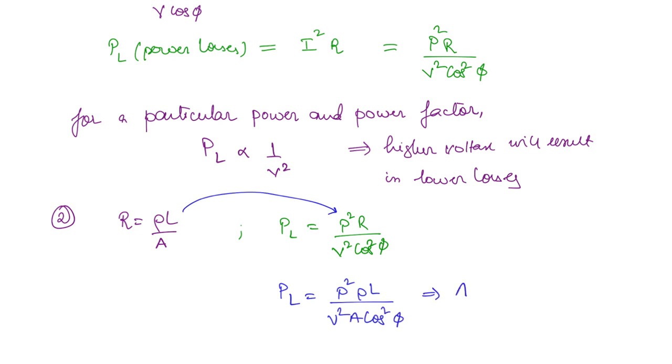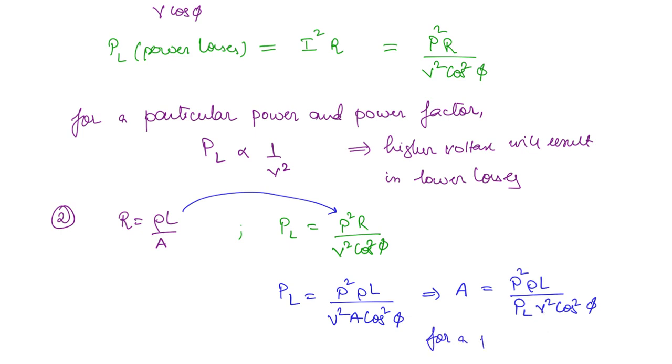From here you can get the area. This is equal to what? P square rho L divided by PL V square cos square phi, right? So you can see that for a particular value of the power to be transmitted, for particular losses and power factor, the area is inversely proportional to the voltage, right?